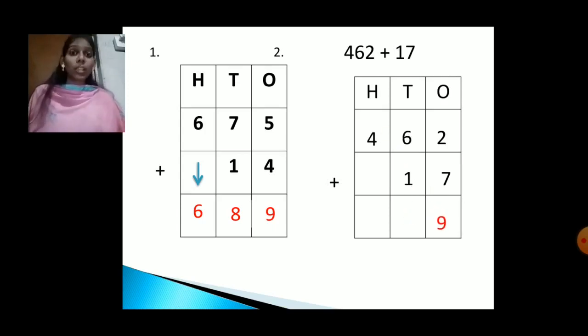Now 6 plus 1 is 7. So 7 we will write under the tens place. And then here 4 will jump down, because is any number there? No. So 4 will jump down. Correct? So 462 plus 17 is 479. Okay? Now we will do the next.